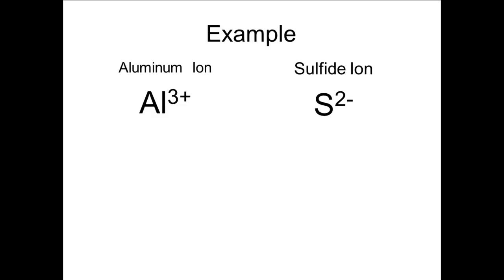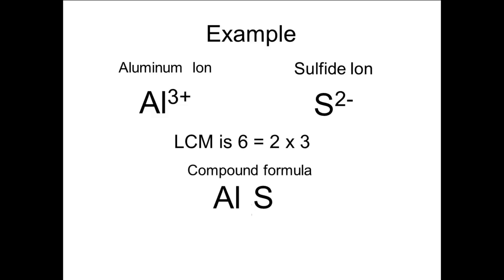The lowest common multiple of 2 and 3 is 6. So we need 2 aluminum ions and 3 sulfide ions to have a neutral compound. So the formula is Al2S3. The positive ion is always written first and the negative ion last.